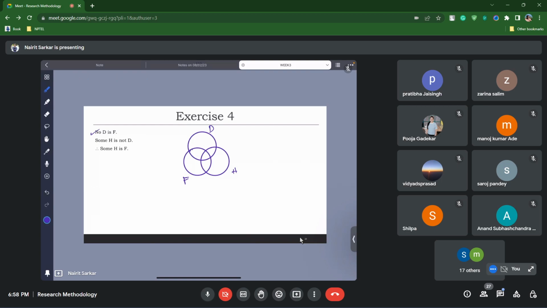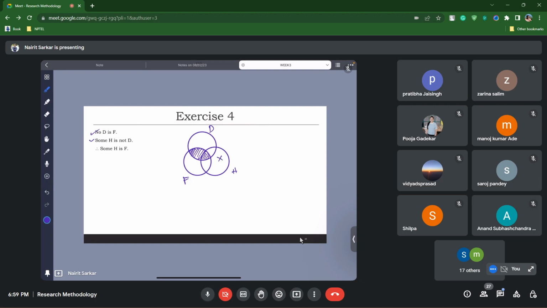No D is F. Then some H is not D. 1, 2, 3. Where should I put X? In 3.